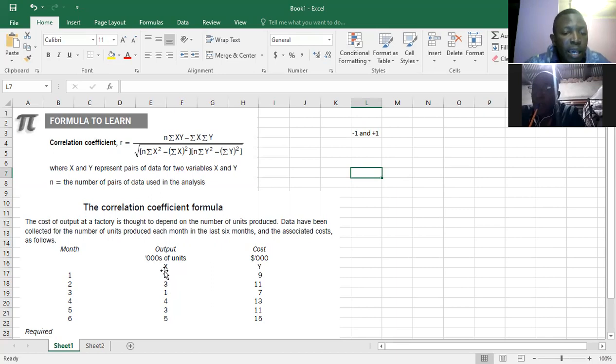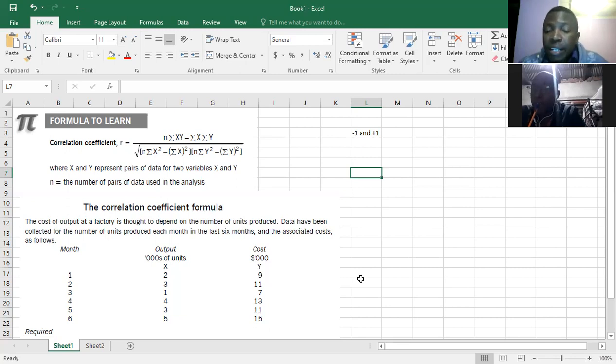These are the units produced, in thousands, and then the cost of production also in thousands. We want to find out if there's a correlation, and whether it's positive or negative, and whether there is a high or low degree of correlation.